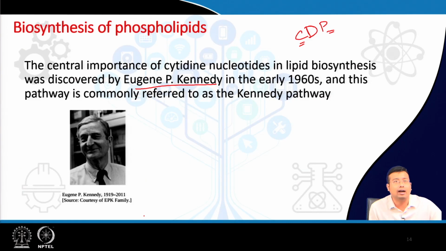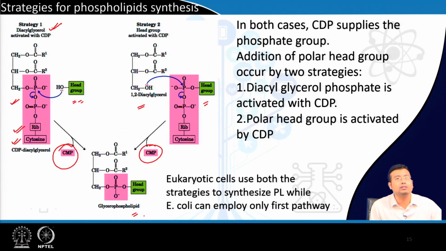This was thought earlier, but it is Eugene Kennedy who discovered this is not how it happens. It actually happens when the alcohol, specifically during head group donation, is in the CDP form, and especially during condensation of the phosphate group. So, CDP phosphate either with glycerol or CDP phosphate with alcohol. So, these are the 2 strategies.